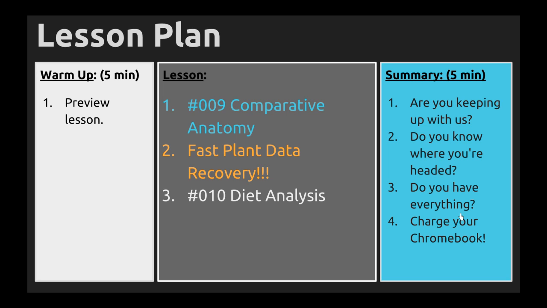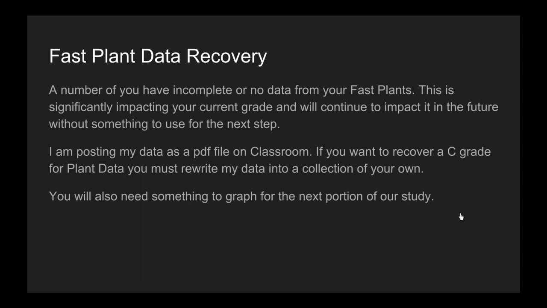So I've posted on Classroom my data, and you can look over the instructions there, but basically here's a way to save yourself from not only grade destruction, but future grade destruction. And you're going to need to recopy that data as it says on Classroom and submit it to me and use it in the future. So please take advantage of that. And then if you get past these 2 items today, you can move on to the diet analysis, and I'll have a separate recording on what to do there.